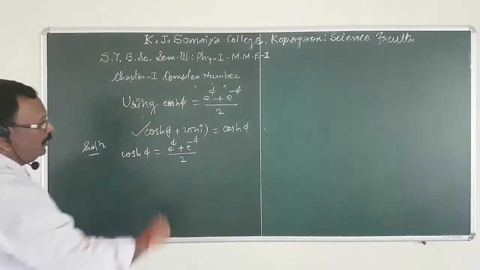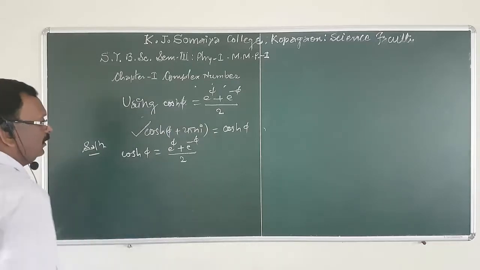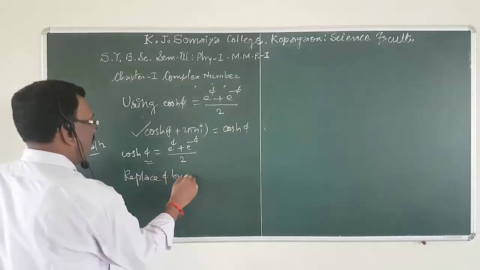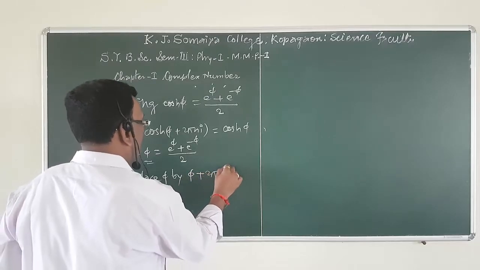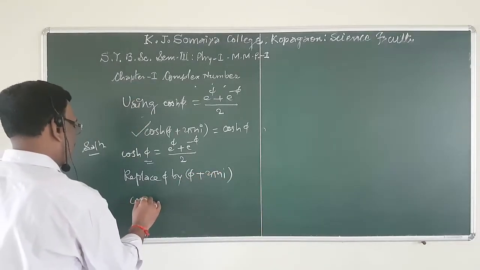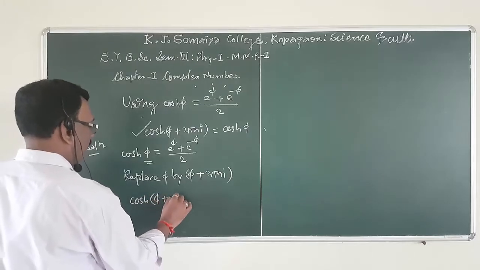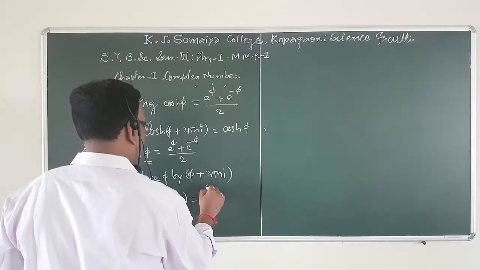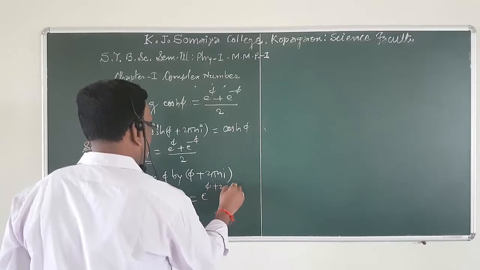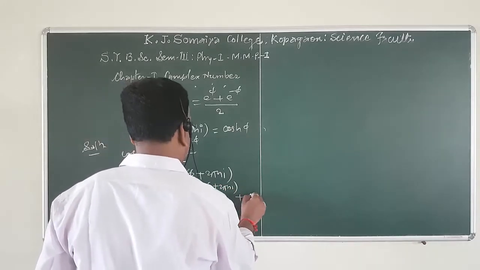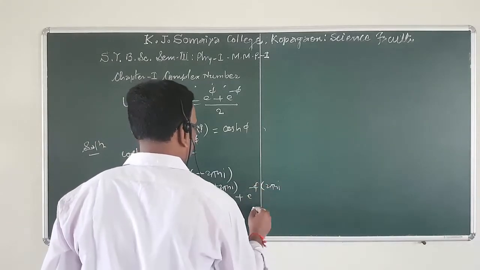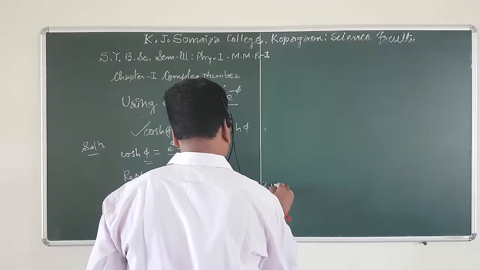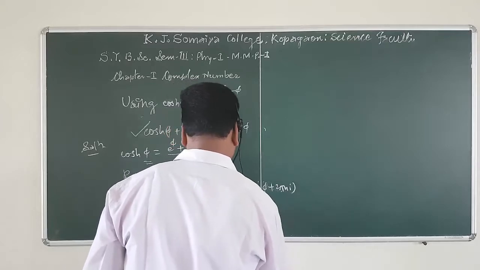In order to show this, we have to replace this phi by phi plus 2 pi n I. We have cos of phi plus 2 pi n I is equal to e raised to phi plus 2 pi n I plus e raised to minus phi plus 2 pi n I, upon 2.